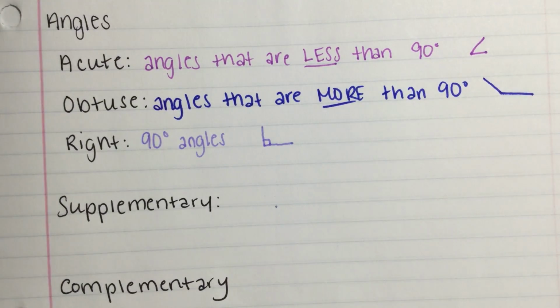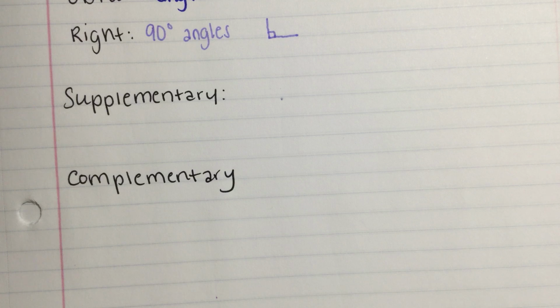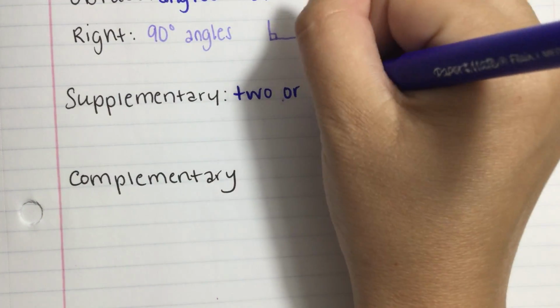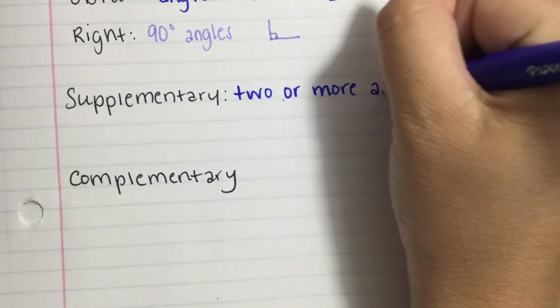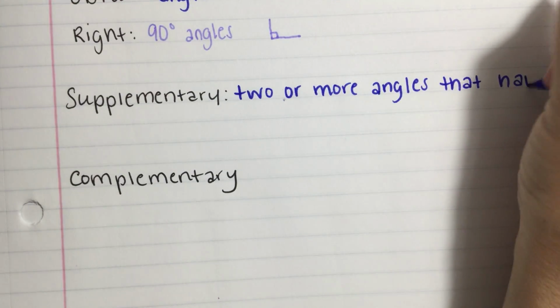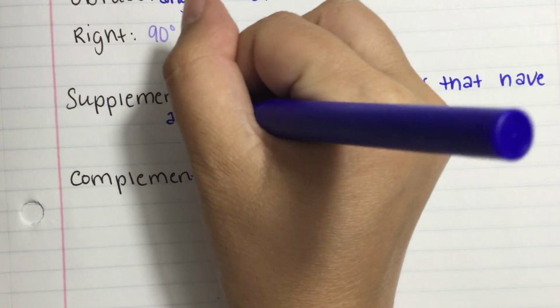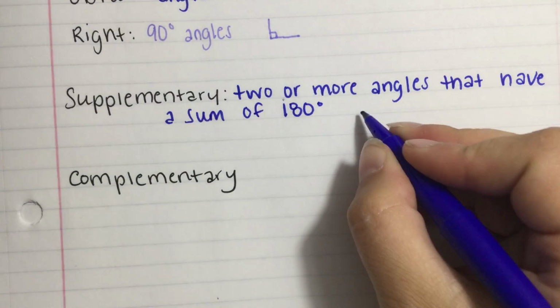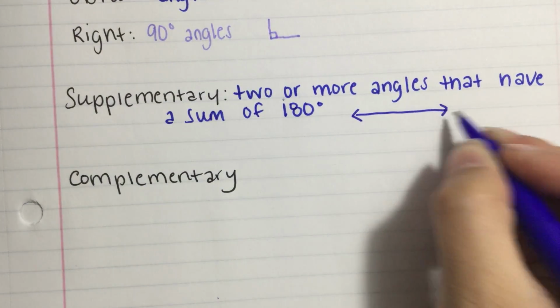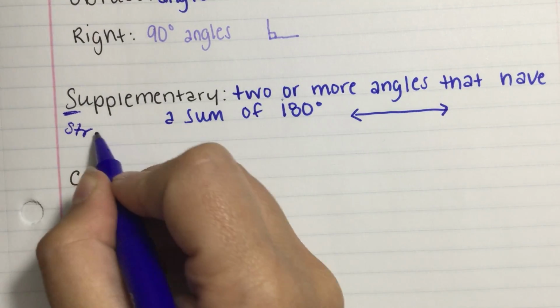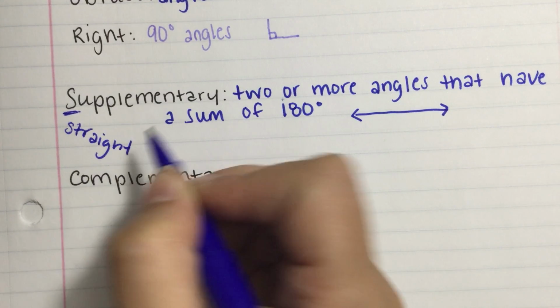So supplementary angles are two or more angles that have a sum of 180 degrees, which for those that don't know, that is a straight line. So I like to think S and the word straight for straight line.